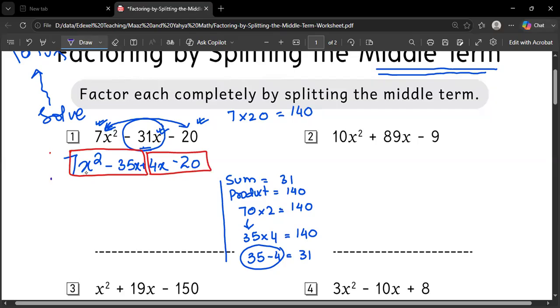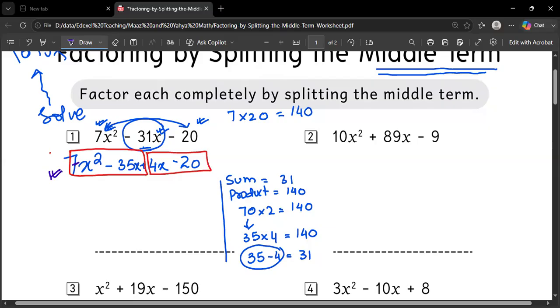7x square minus 35x. What number is common? What number is common between 7x square and minus 35x? The x only, right?